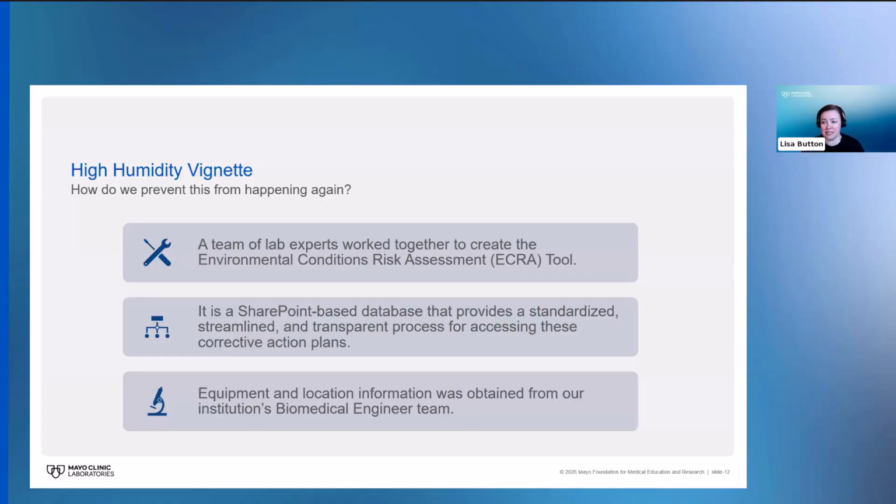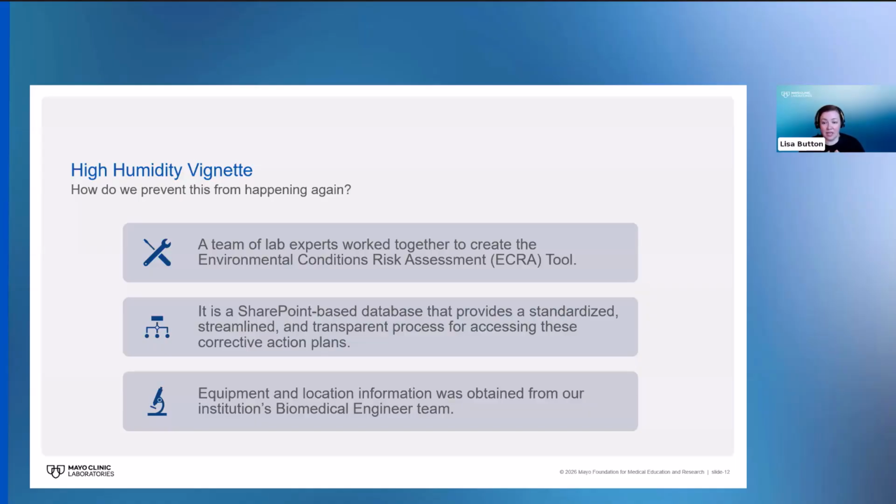It's a SharePoint-based database that provides a standardized, streamlined and transparent process for accessing the corrective action plans. The idea being that the labs are able to enter the manufacturer-identified high and low temperature operating ranges, high and low humidity ranges, and then take from that owner's manual the risk that has been identified by that manufacturer for continuing to operate outside of those ranges.